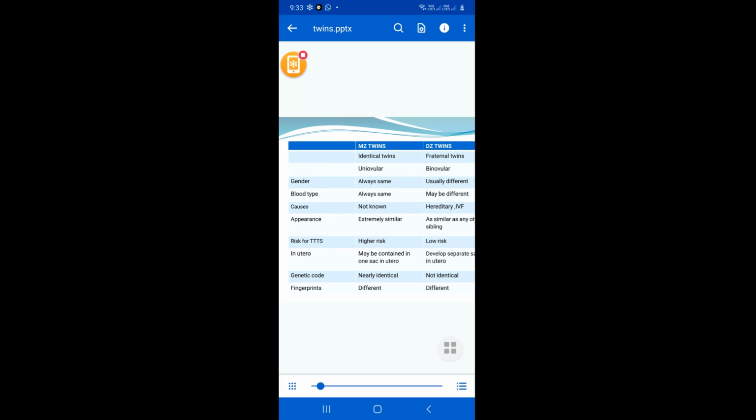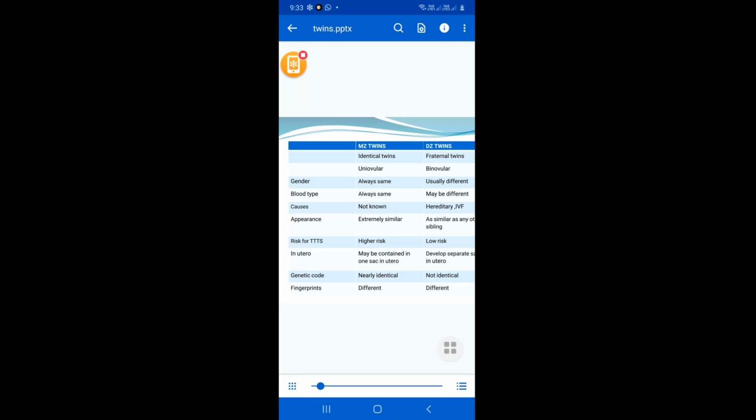Think of monozygotic twins as the division of a single cake. Dizygotic is the division of two different cakes. In two different cakes, the batter might not be the same. So here everything will be different. Genders may not be the same, like two males or two females may not be the same, and blood type may be different.